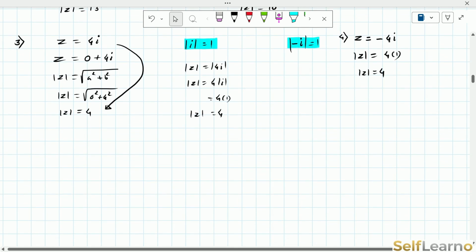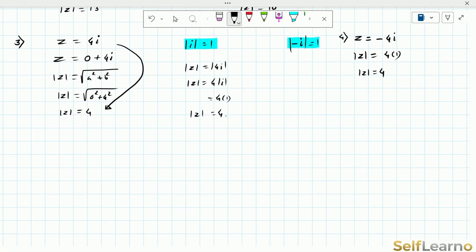So what you can remember from these two examples, if we have a purely imaginary number like 2i, then modulus of z is modulus of 2i, which is nothing but 2.